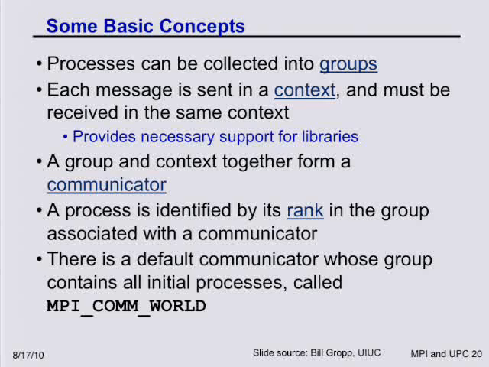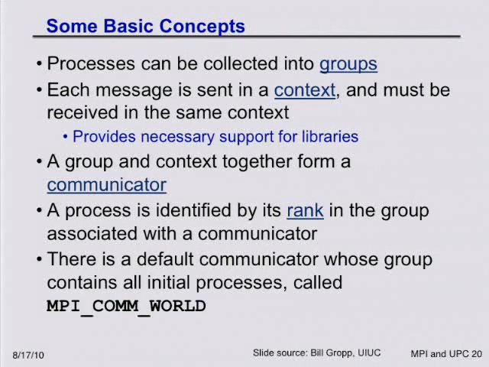Probably the easiest way to think about context, which you won't really run into in your first MPI application, is if you're writing a library, you want to be able to talk about the MPI stuff that's in that library call, and so that becomes the context. So you can name this data structure, a communicator, that tells you what processes you have and what context those processes are running in at the given point in time. And then a process within a communicator is given by its rank.